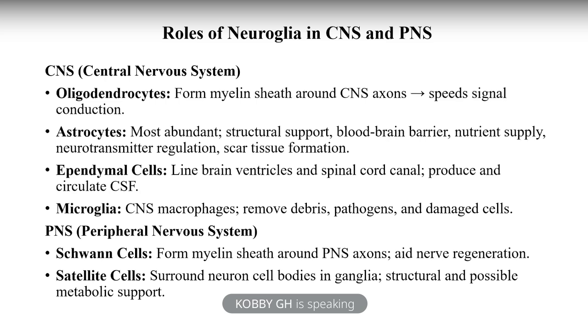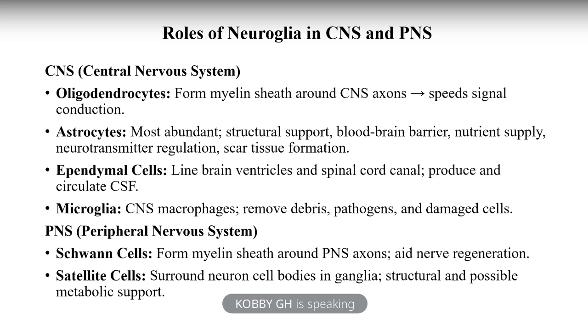Which of the neuroglial cells lines the brain ventricles and spinal cord canal? The answer is ependymal cells.